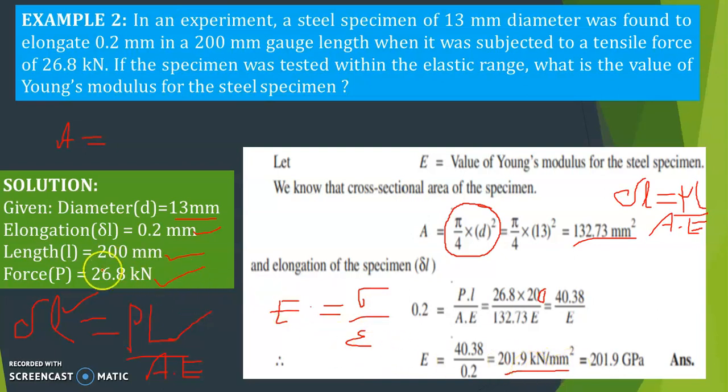Here I have used 26.8 kilonewton only, so your answer also comes like this, 201.9 kilonewton per millimeter square, or you can convert into gigapascal also, that means 201.9 into 10 raised to 3 Newton per millimeter square, that is nothing but 201.9 gigapascal. So like this way you can calculate the value of E, right?